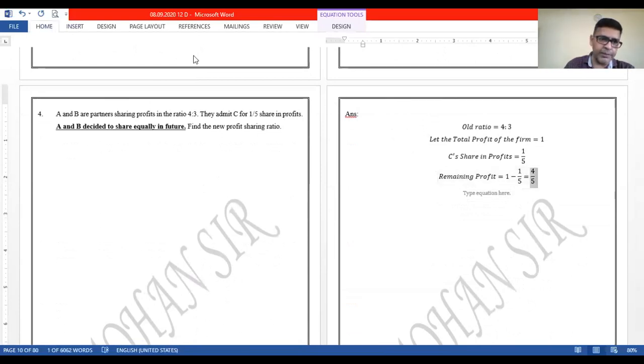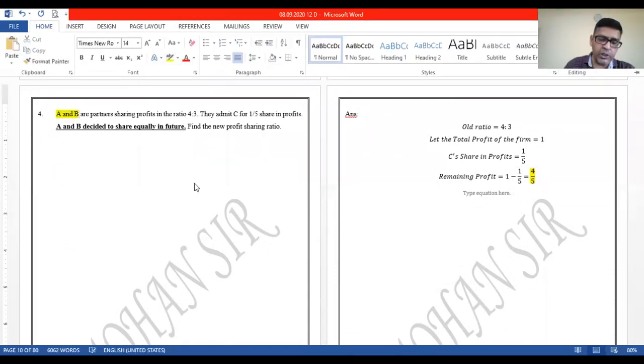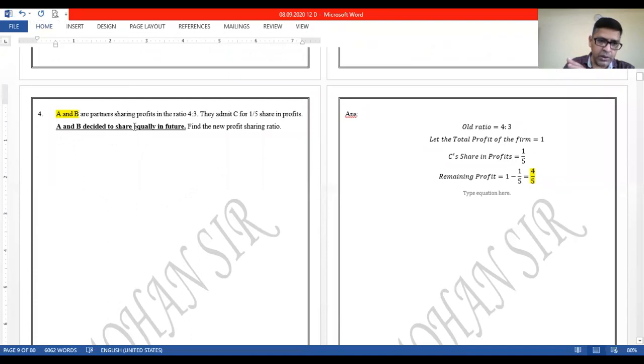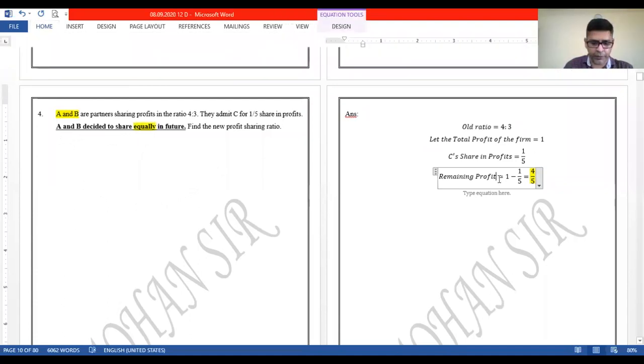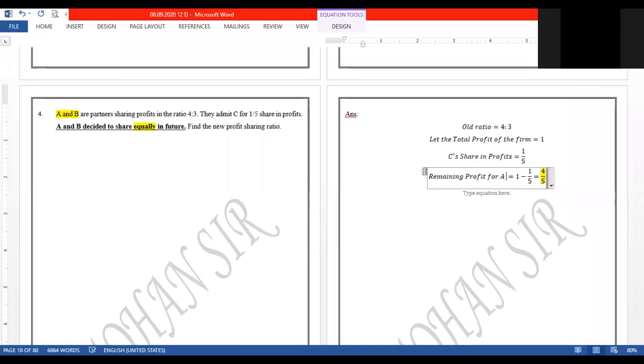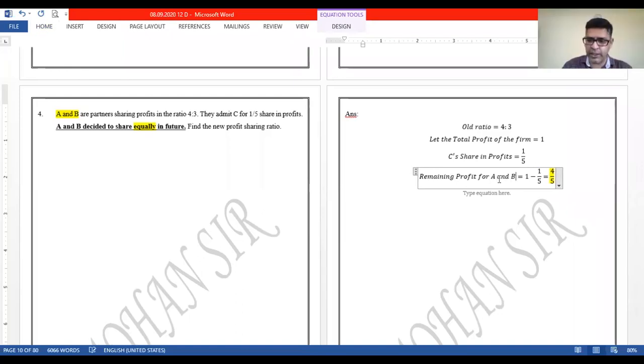Let me highlight it in yellow. Who will be sharing it? A and B. In what ratio? We are given the information that A and B decided to share equally in future. So the remaining profit for A and B is 4 by 5. Now let me calculate the new share for A.